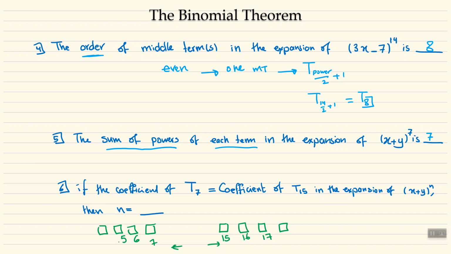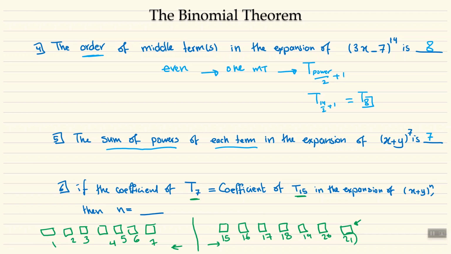So if we carry on, 4, 3, 2, 1, we will carry on here with 4 terms, which are 18, 19, 20, and 21. So the first term will be equal to the 21st term. The second to the 20th, the third to the 19th, the fourth to the 18th, the fifth to the 17th, the sixth to the 16th, and the 7th to the 15th, as they said here. And since they are symmetrical, as long as this is the first term, this will be our last term.